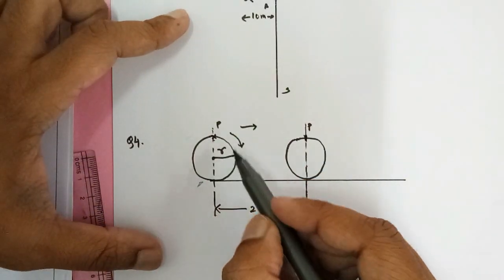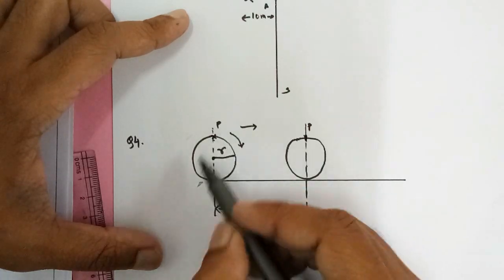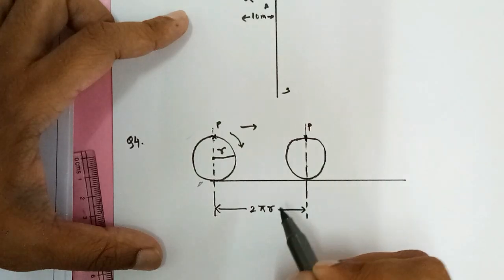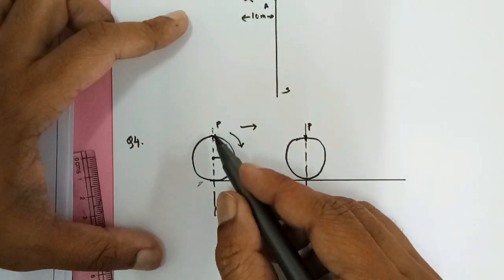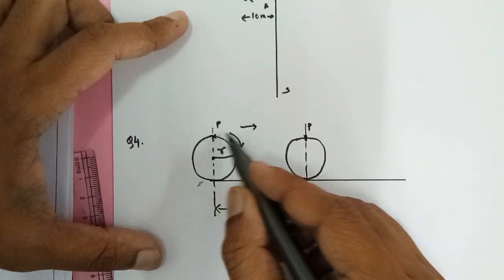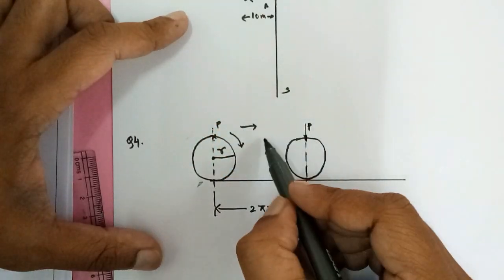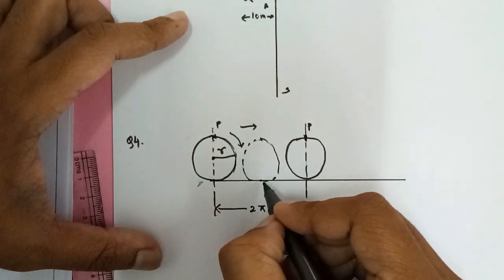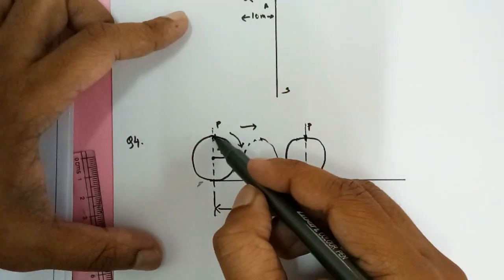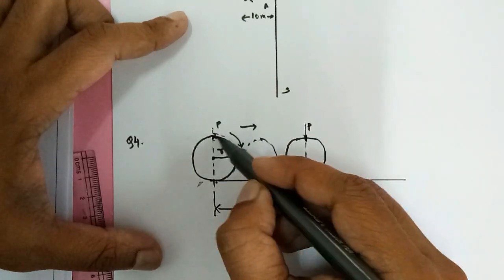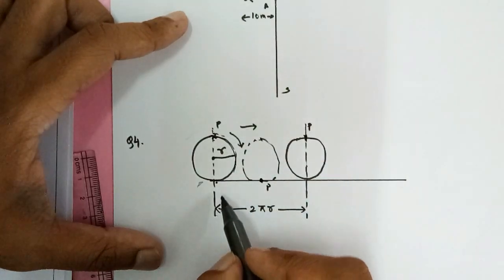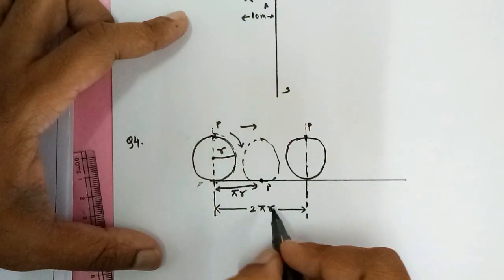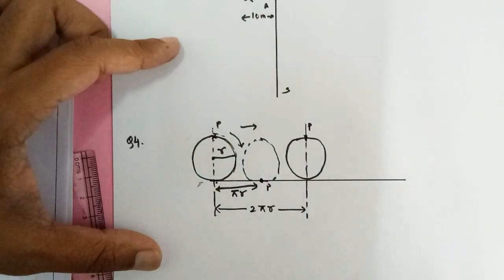So when the wheel completes one full revolution, it travels a linear distance of 2 pi r, right? So if a wheel completes half a rotation, this point will not be here. This wheel will be somewhere over here in between, and this point will be over here. So when the wheel finishes half a revolution, this point shifts over here, and this distance travelled would be equal to half of this one, so that is pi r. Half of 2 pi r is pi r, correct?